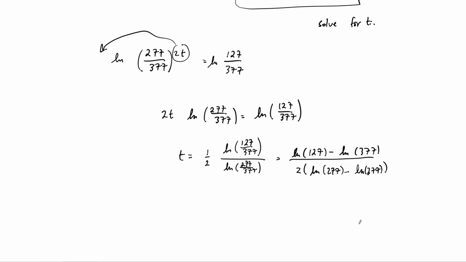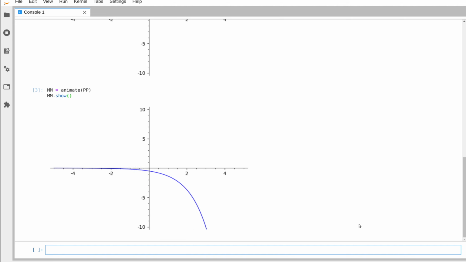So let's go back over to our Sage here and type it out. So we need parentheses, right? ln of, this was 127 minus ln of 377 divided by 2 times ln of 277 minus ln of 377.